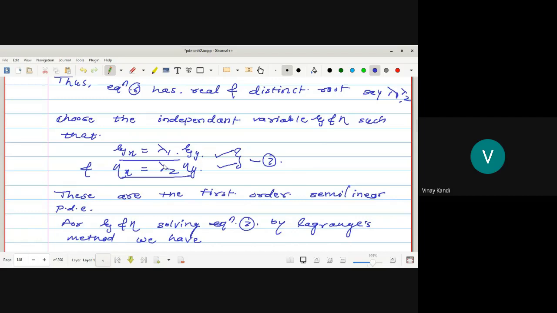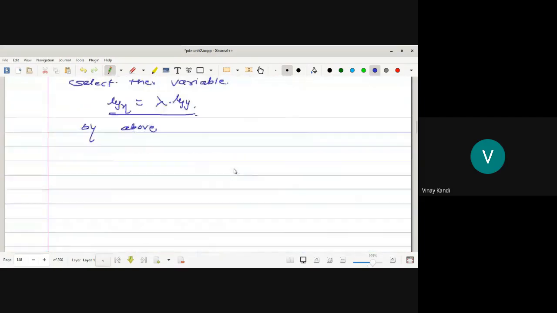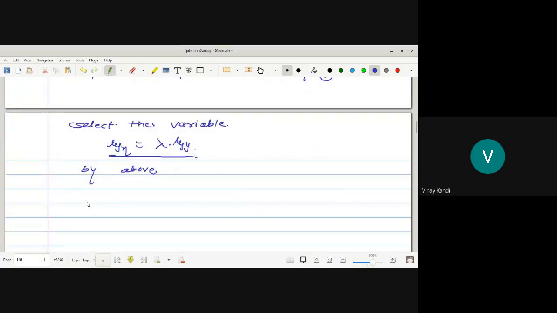So psi x is equal to lambda into psi y by the above procedure. This is the differential equation of order 1.